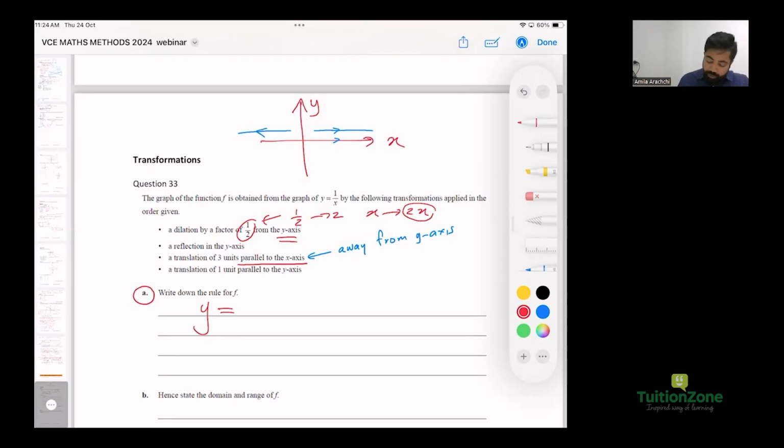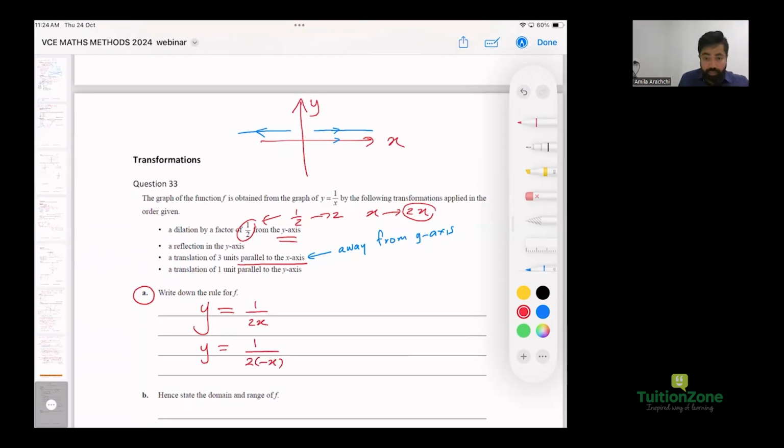Perfect. Now if I do it here, literally 1 over x becomes 1 over 2x. Then reflection in the y-axis. What's going to happen? Your x becomes negative x. So 1 over 2 bracket negative x.